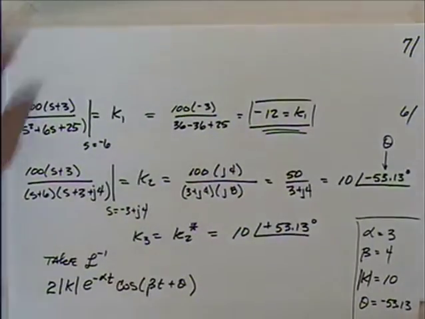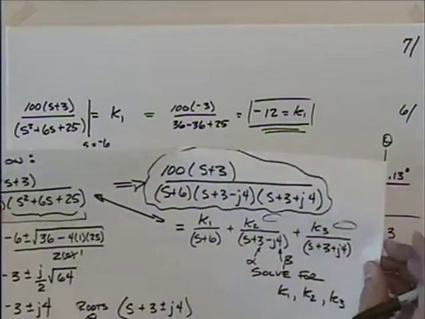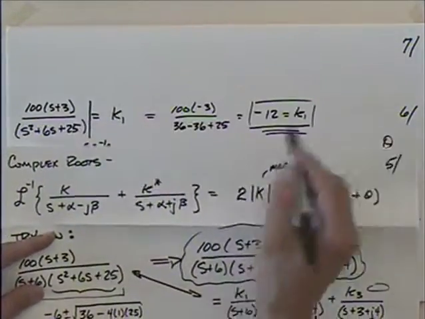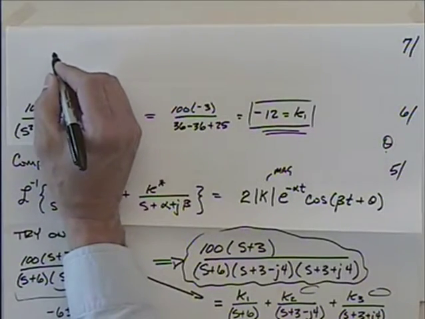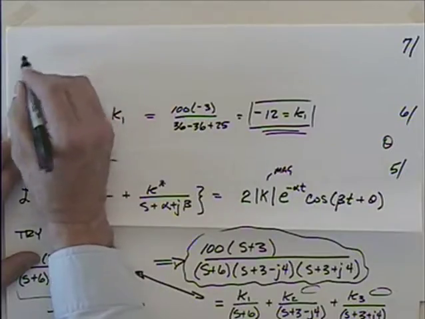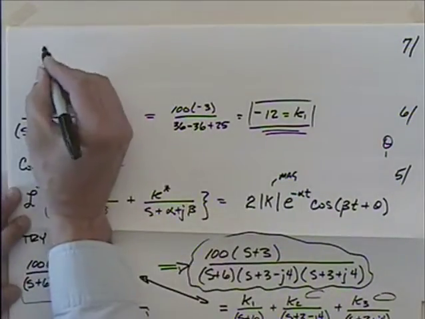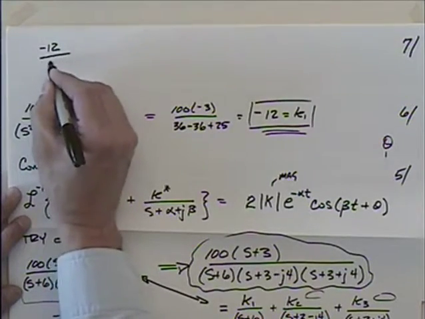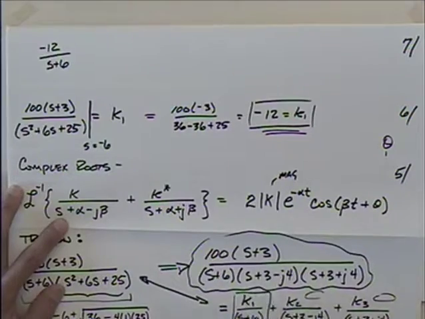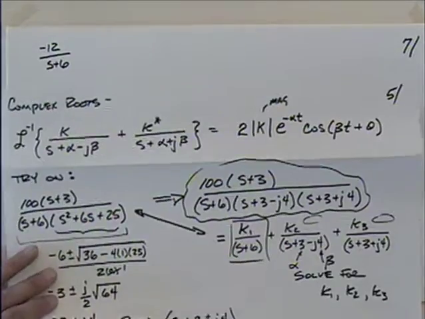So I had K1 over S plus 6. Did we come up with K1? It's minus 12. So I know that this thing in the S domain was minus 12 over S plus 6. That's this term right there. And then I had the two complex terms.